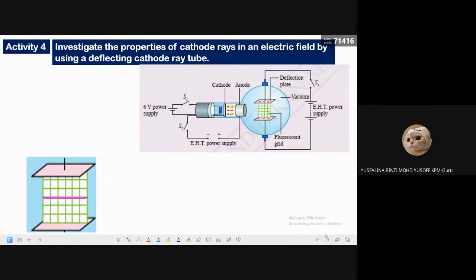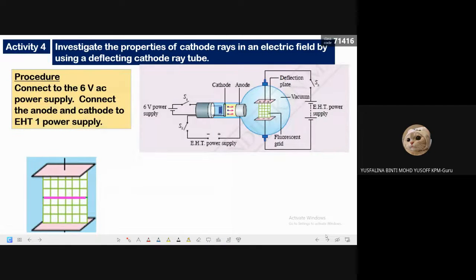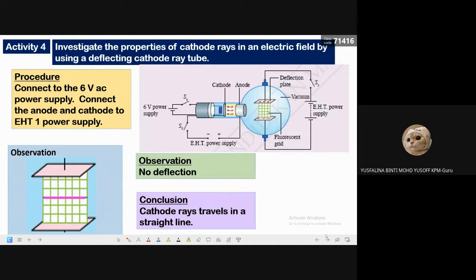Investigate the properties of the cathode rays in electric field by using a deflecting cathode ray tube. So when you connect the 6 volt AC, the alternating current power supply, and you connect the anode and cathode to the EHT power supply. So now we're trying to change the connections. Here we have the EHT, we connected it, because they have two plates actually.